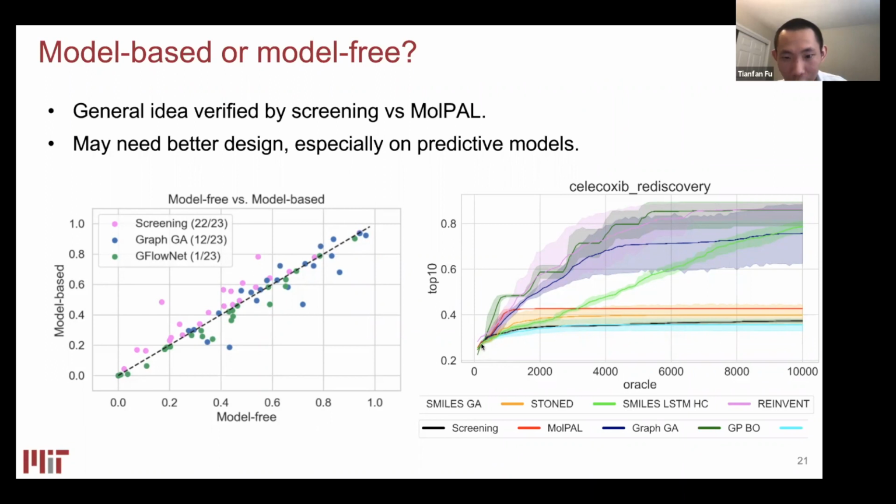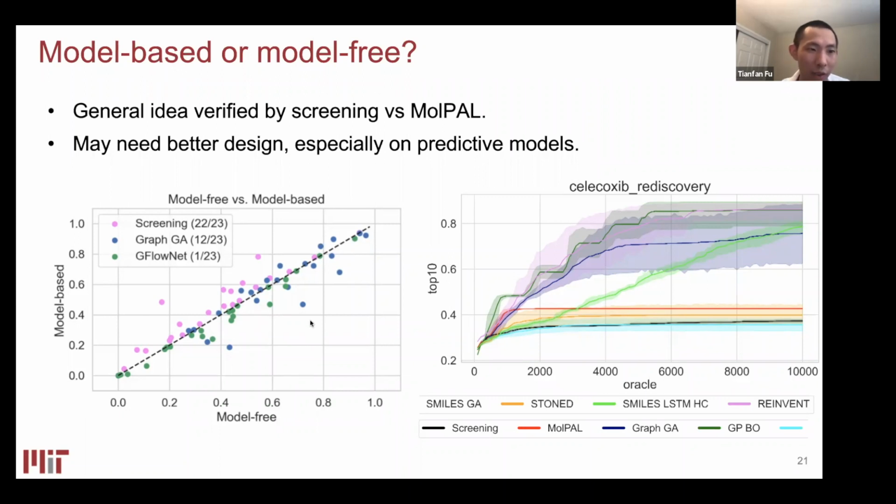We find that the red curve outperforms the black curve. While in other cases, such as the graph-level genetic algorithm and GFlowNet, we find some points are below the dashed line and other points are very close to the dashed line, which means the model-based method cannot bring performance gain in these scenarios.